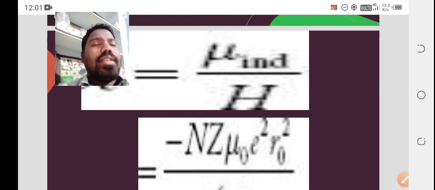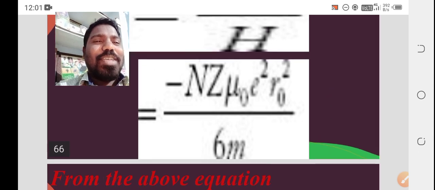H will be cancelled, and finally the remaining term is minus nZ mu naught e square r naught square by 6m. So this is the susceptibility.